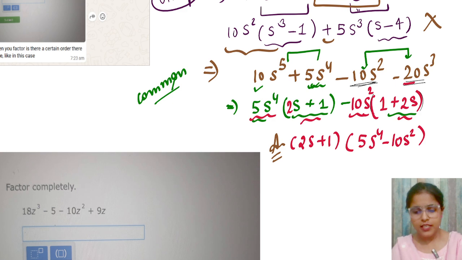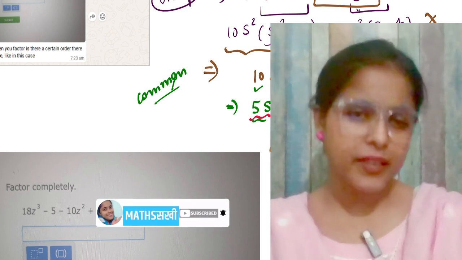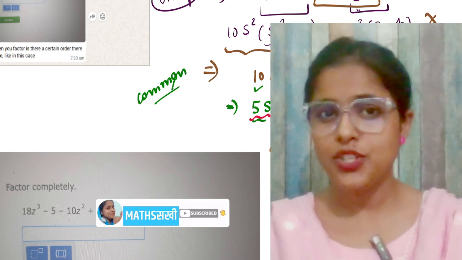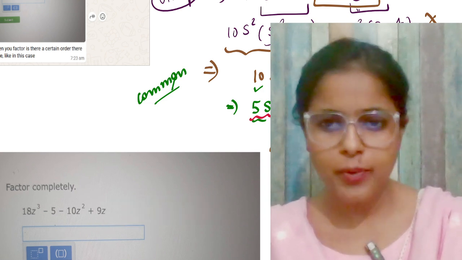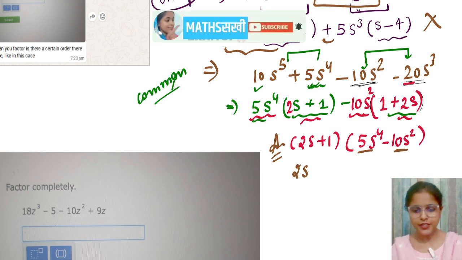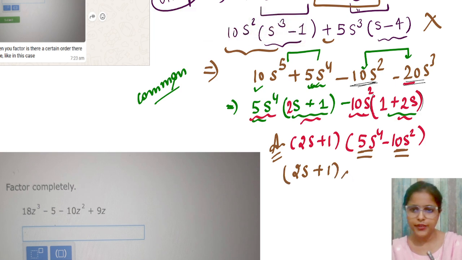No. Still, one step is missing here. What step? Whenever you are making the parentheses, make sure that nothing is common in that. Here we can still take the common out. What is the common in this case? 5s to the power 2 can still be common, so let's take that common here. Let's make a cross here, that is multiplication, or you can put a dot.